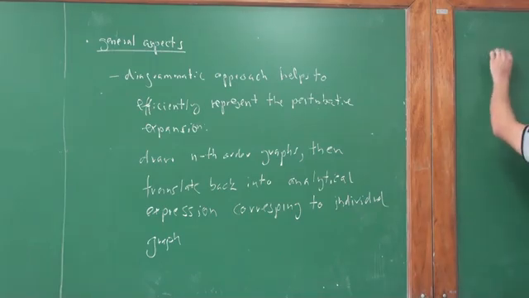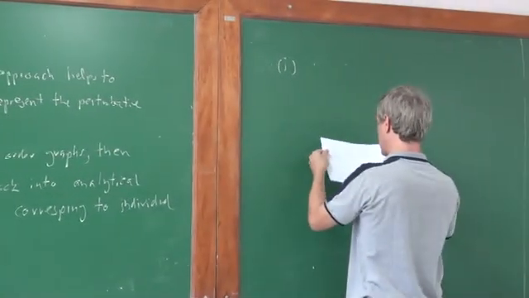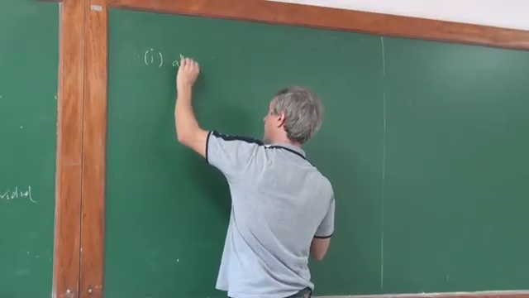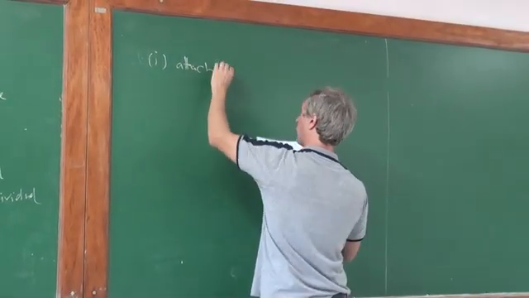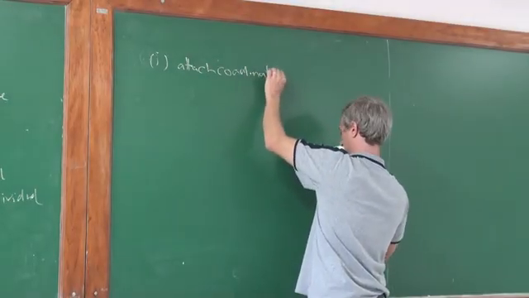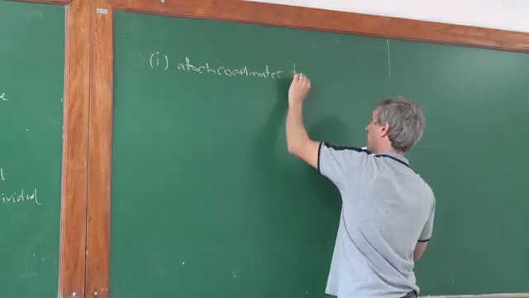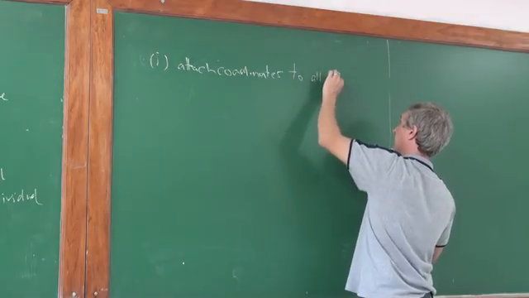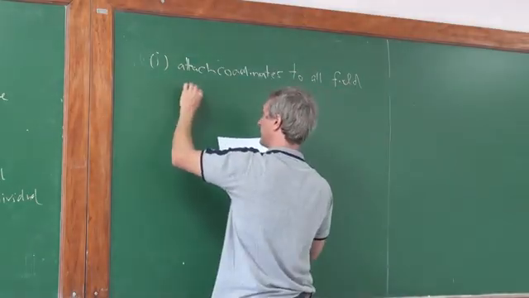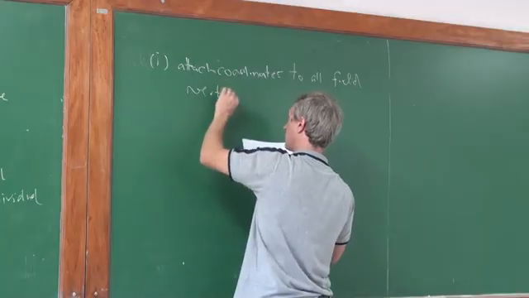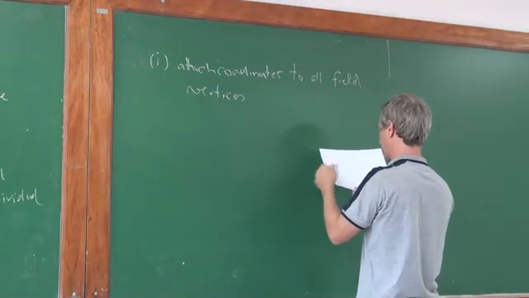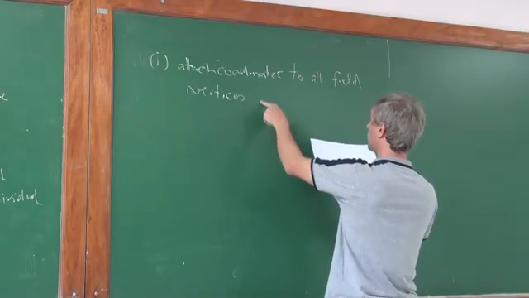So translating back, what you do is you attach coordinates to all field vertices. So the external x's get some fixed coordinates, and the internal vertices get some coordinates that are integrated over.